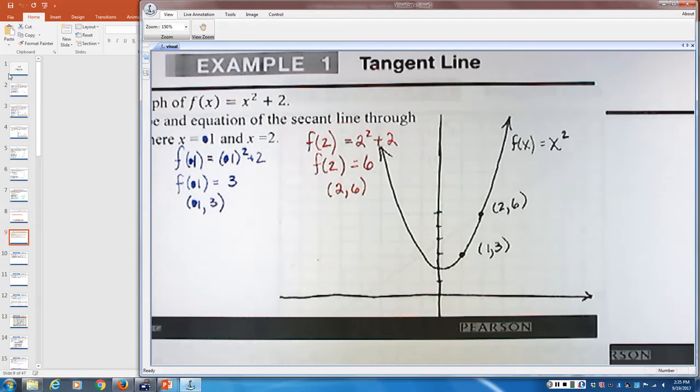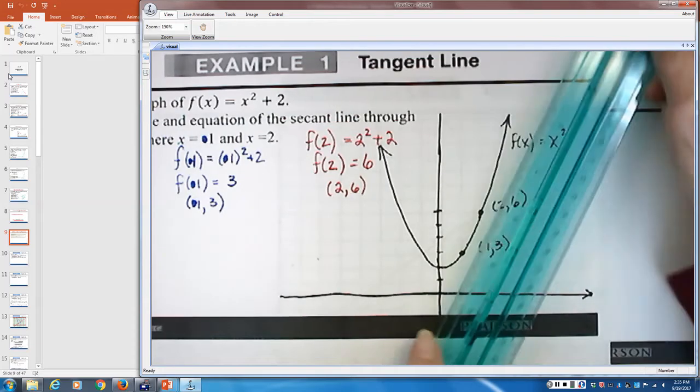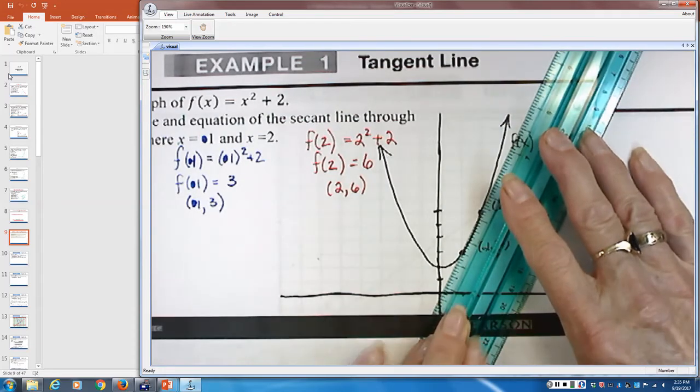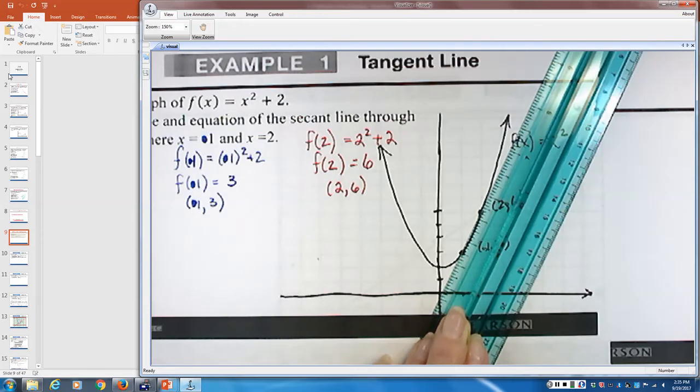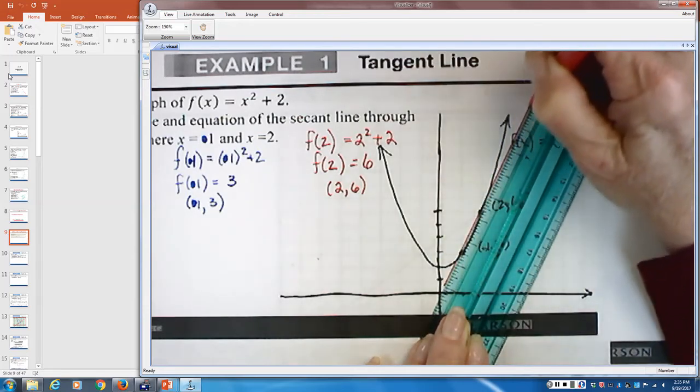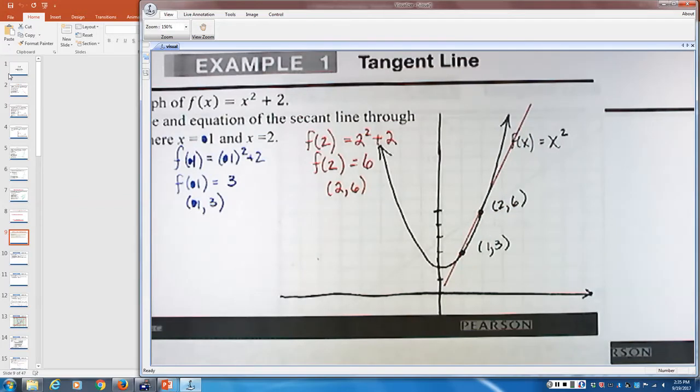Now, because that's a parabola, and parabolas are only really curvy at the bottom of them, I want you to notice as I'm drawing this secant line how close to the curve's behavior it is, even for a secant line. So there's my secant line. Let me extend it down a little bit more.